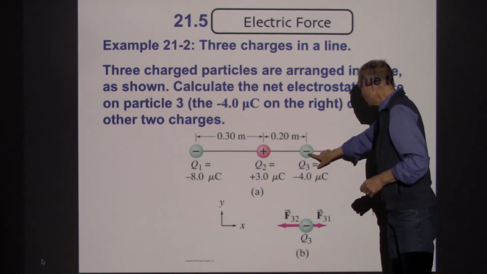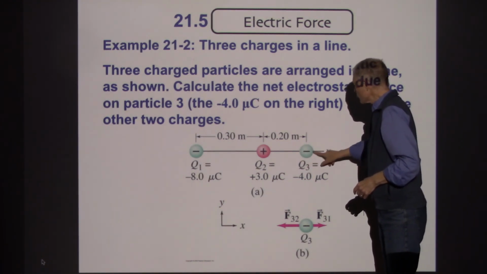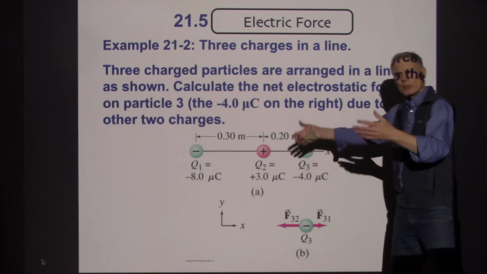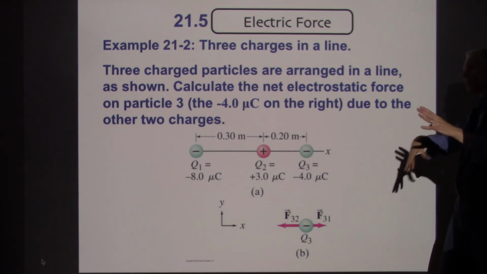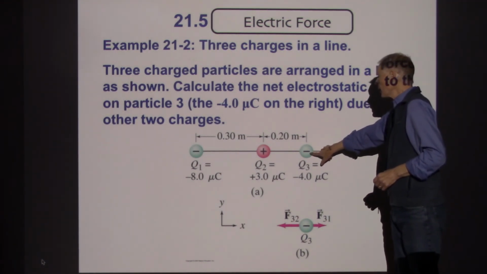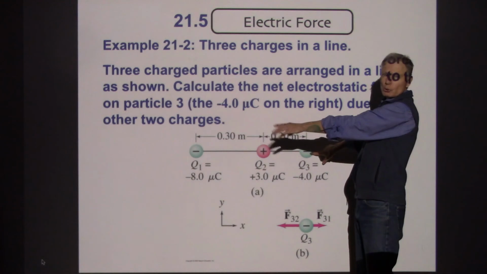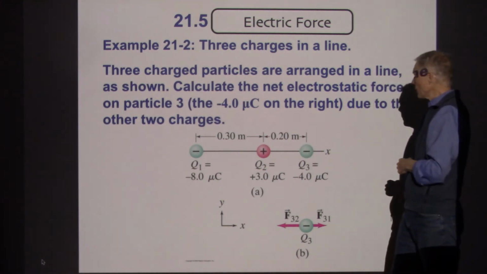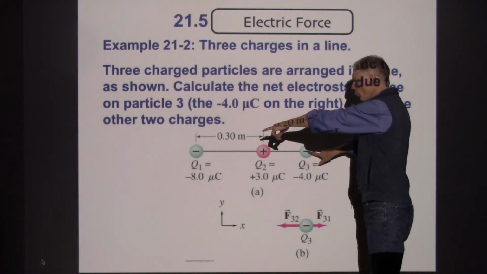So this is object 3, and I'm specifically asking what forces are acting on this one. Object 3 is going to experience a force due to the presence of object 1, or charge 1. So at this point, I'll drop back to charges. Charge 3 will experience a force due to the presence of charge 1.